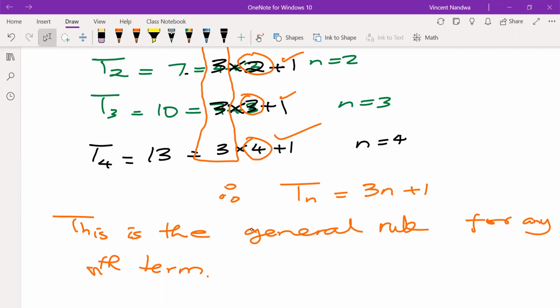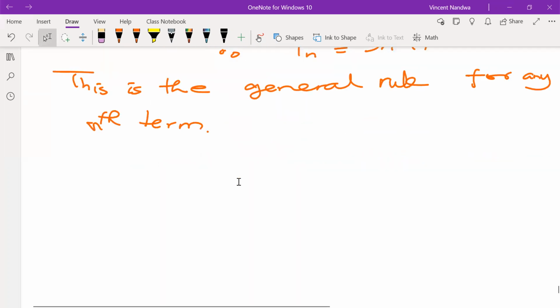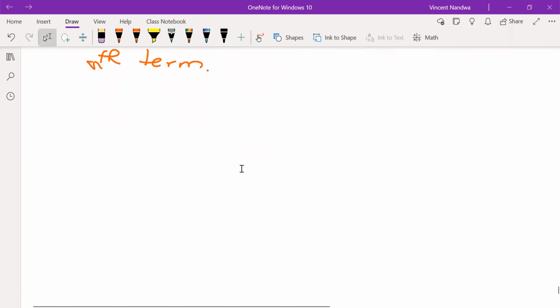So let's define what we call an arithmetic sequence, and then we define a geometric sequence.